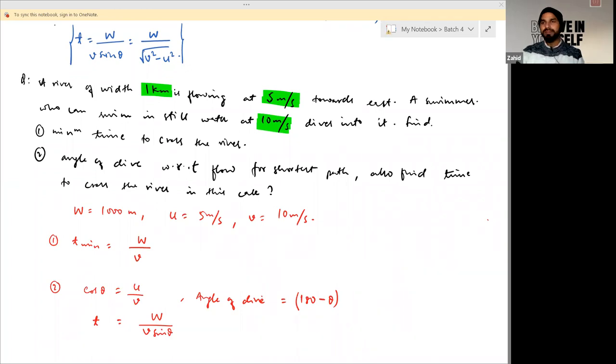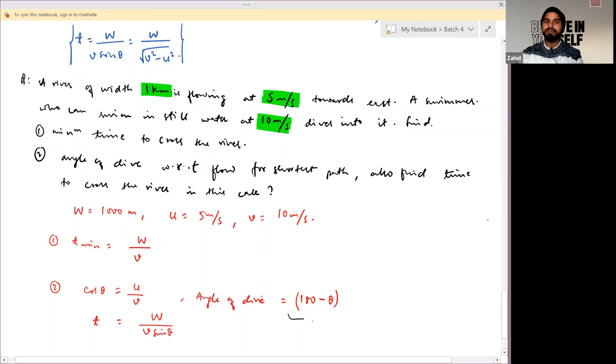Atisham, you have to find the angle with respect to the flow of the river. Minashi, you have to find the angle of dive with respect to the flow of the river.